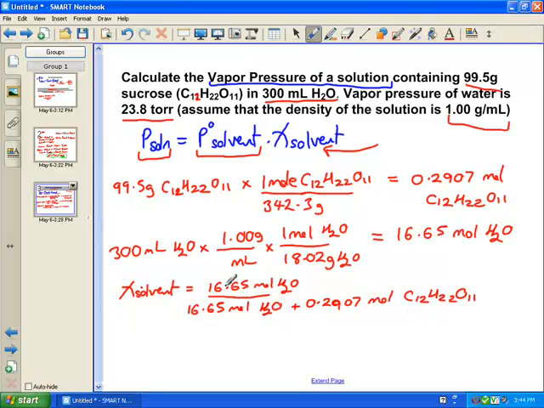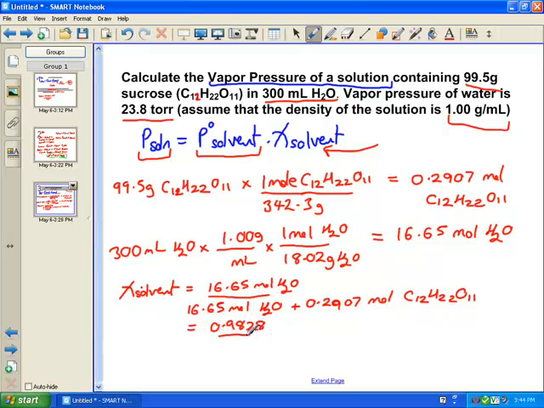When we add those up and divide, these two numbers are going to be very similar because this one is very small. It gives us a mole fraction for our solvent of 0.9828, which shouldn't be a surprise considering these two numbers are so similar.